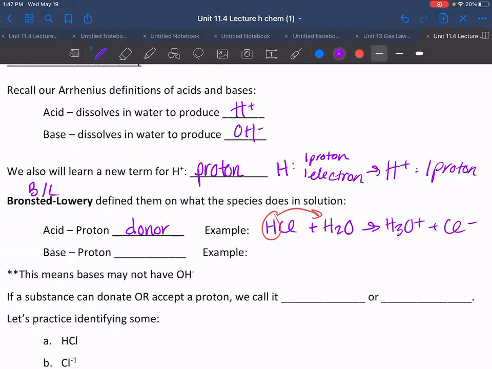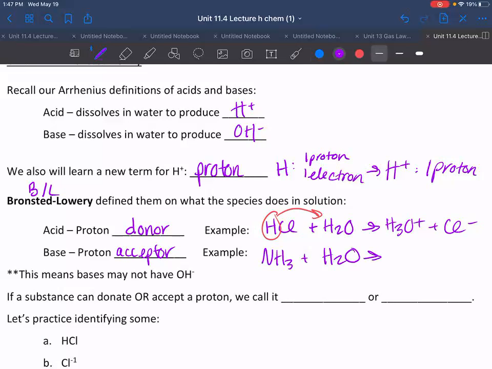Now, as you probably could assume, bases are proton acceptors. So they're substances that have the ability to take a hydrogen. One that we haven't talked about yet is ammonia, NH3. This is a special compound.